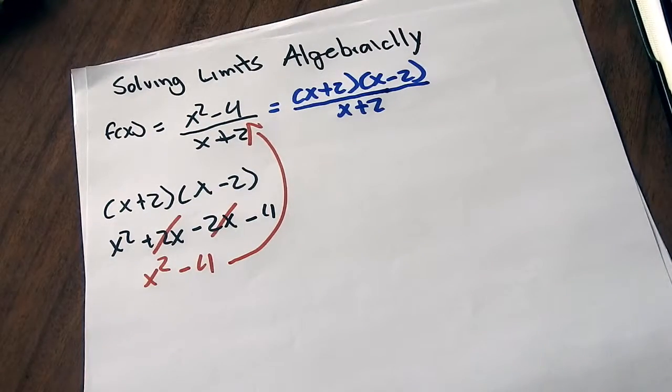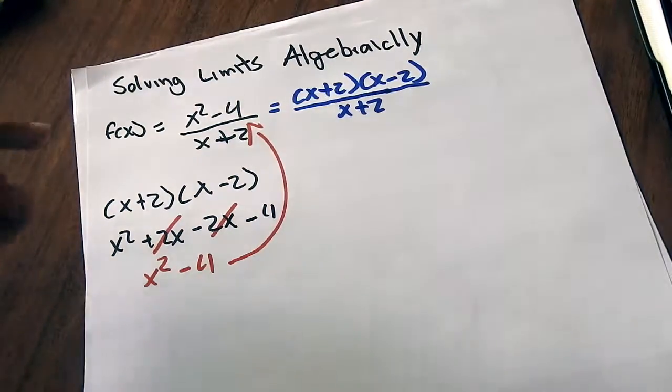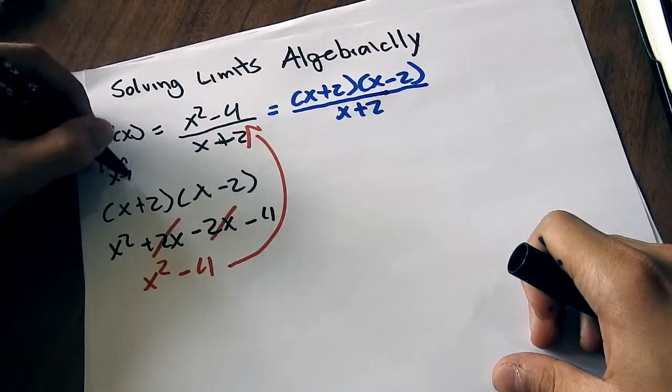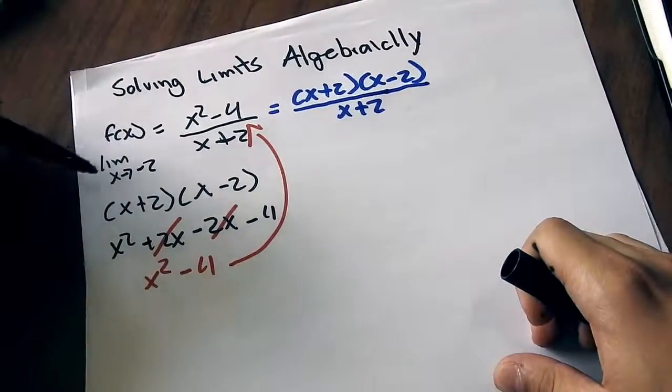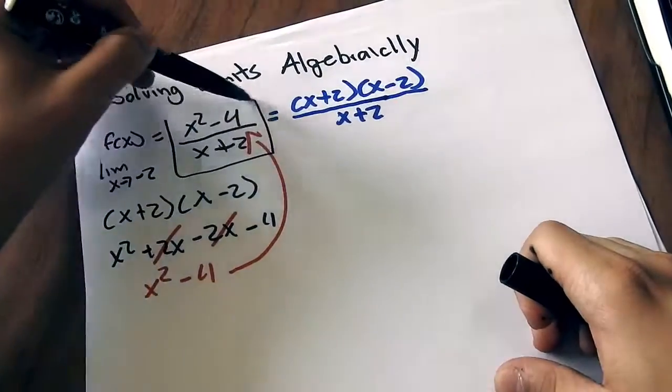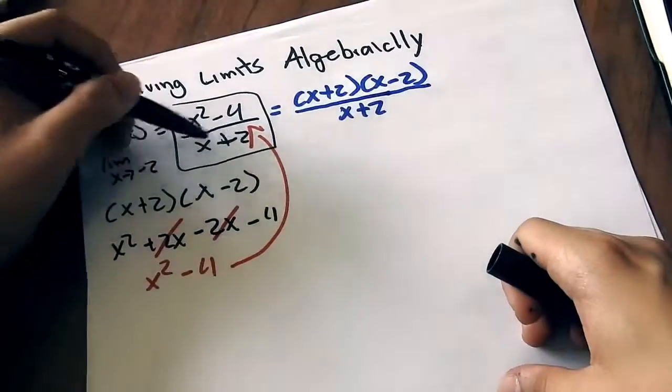So by solving algebraically, I mean we're going to rewrite the function as another equivalent function to be able to evaluate the function at the limit, because we're interested in the limit as x approaches negative 2. If we evaluate using this function over here, we're gonna get a 0 in the denominator.